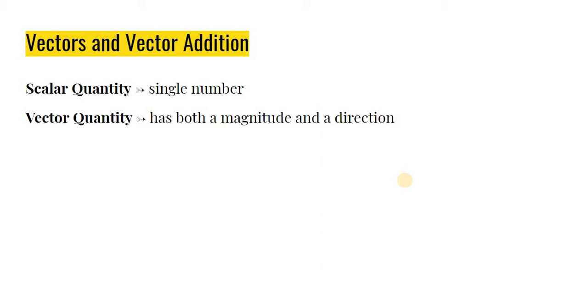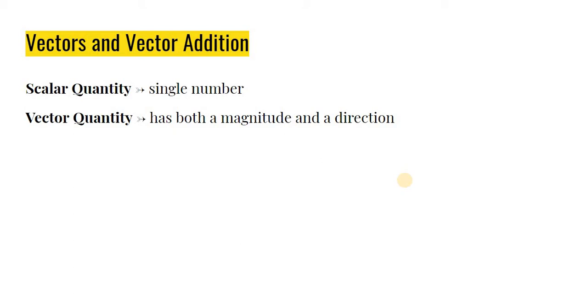For example, 5 kilometers east. So there is a direction, east. Another example, 10 kilometers southwest. So that is also a vector because it has a number or a magnitude and then a direction.